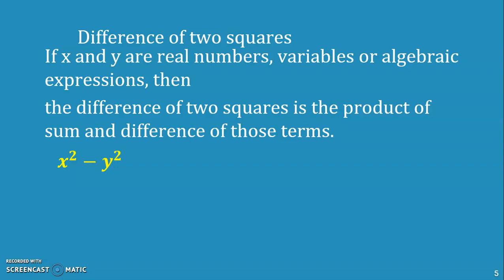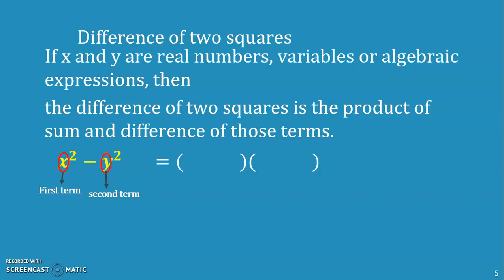Then, the y squared is a perfect square also because the square root of y squared is y. So, ang factored form niyan, x is our first term, then y is our second term. Ang sabi, ang factored form is the product of sum and difference of those terms.